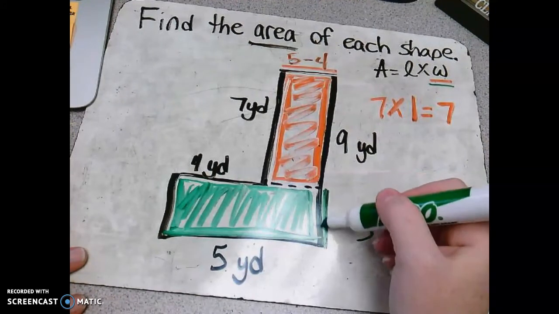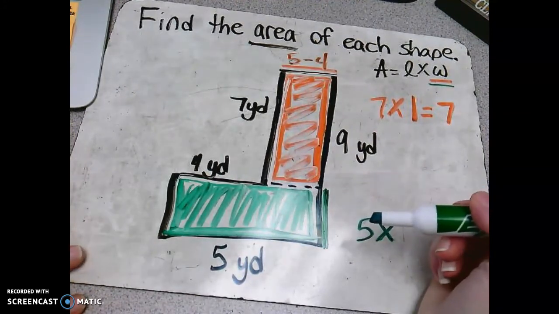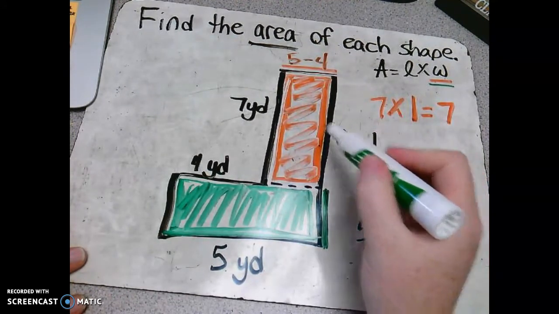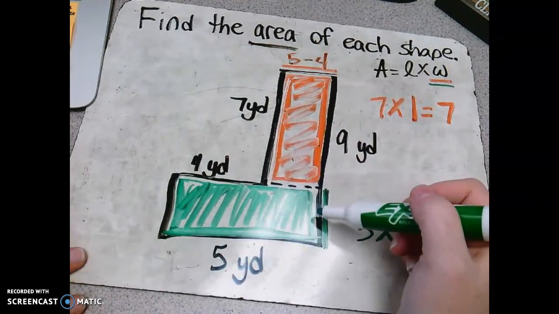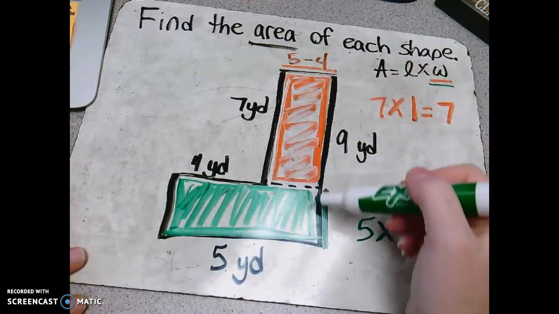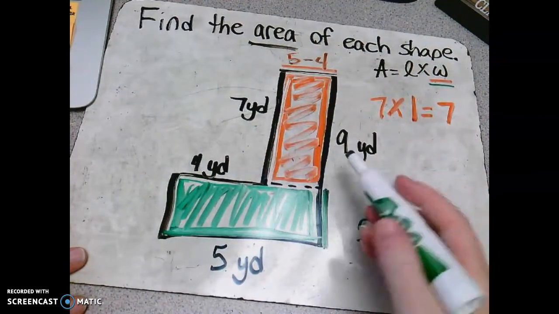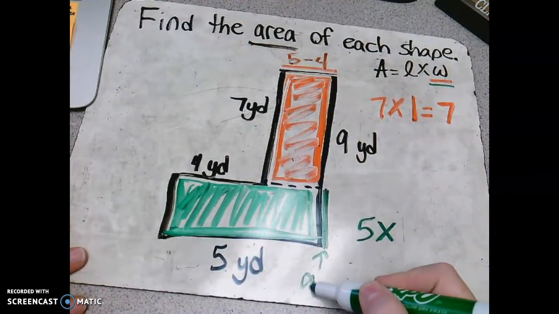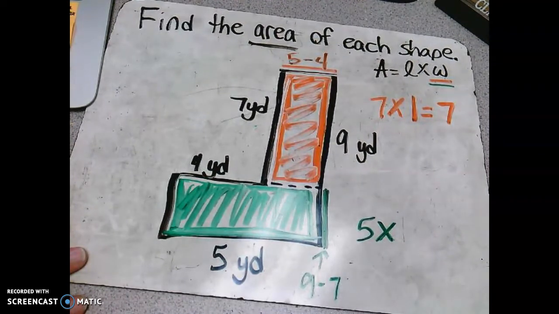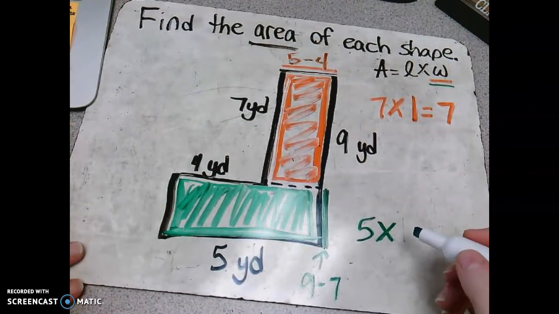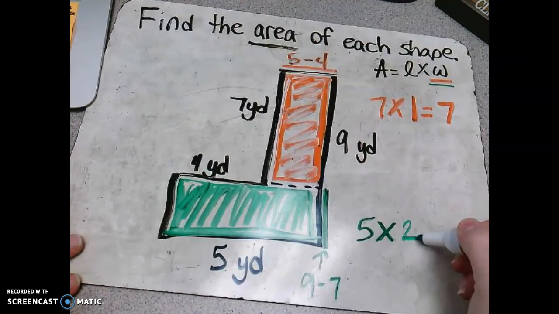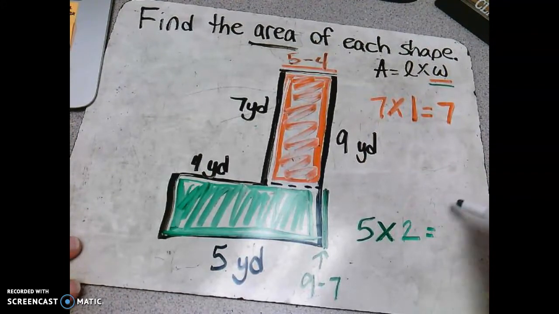We need to figure out what this small part is. So we're going to take 9 minus 7, this full side minus the 7, to get this small part. I'm going to write it down because I'm a visual person. I like to see it. 9 minus 7 is 2. So now we need to do 5 times 2. 5 times 2 is 10.